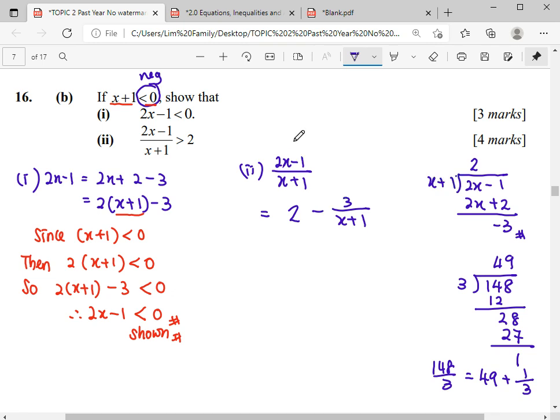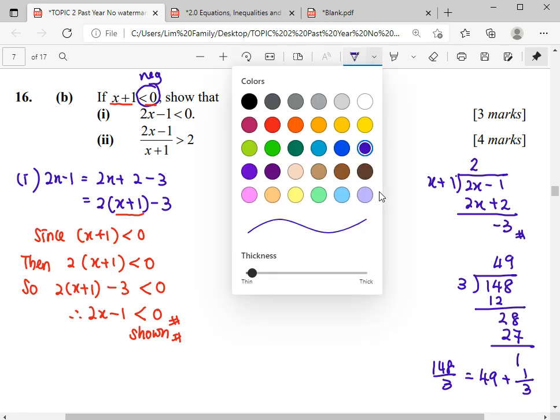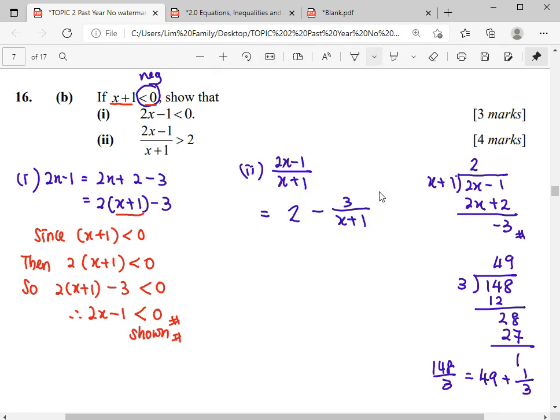So for this rational, after we manage to do the long division here, we can get to this form. So from this form, we can do our analytical work, by using the information given from the question, x plus 1 is always less than 0.